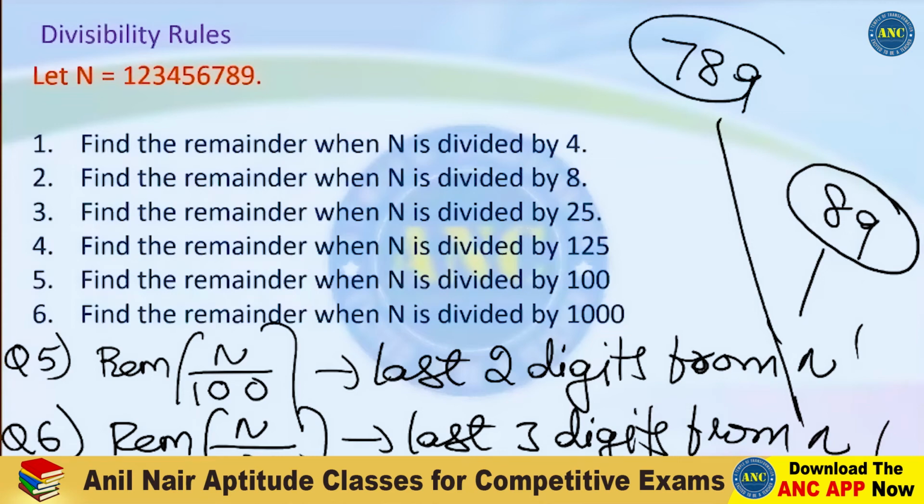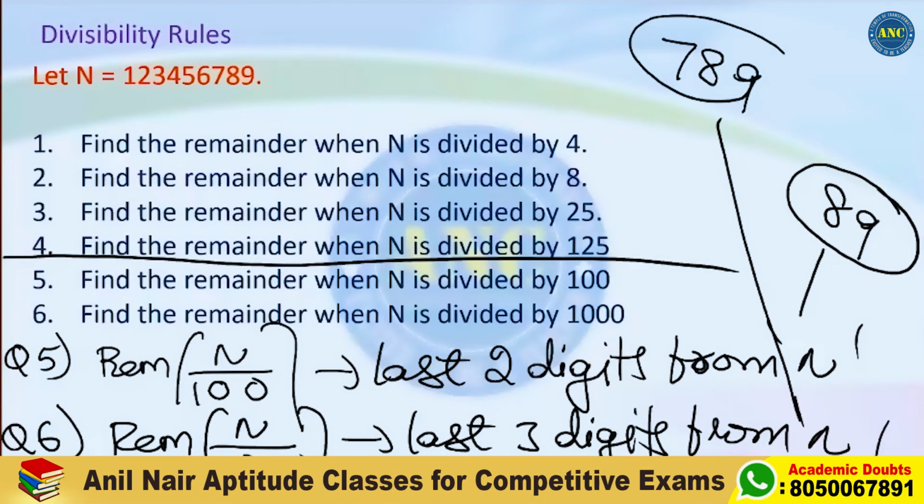Extremely important set of questions. The divisibility rule for 2, 5 and 10 is question number 1. Divisibility rule for 2 power n, 5 power n and 10 power n is question number 2. These, especially 5 and 6, are extremely important when you are doing the remainder, when you divide a number by 100 and 1000.